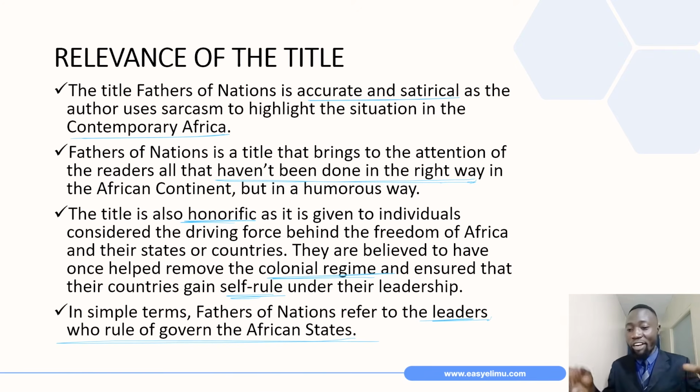The title is also honorific, that is, honor, as it is given to individuals considered the driving force behind the freedom of Africa and their states or countries. These people are believed to have once developed some strength, and they helped remove the colonial regime.